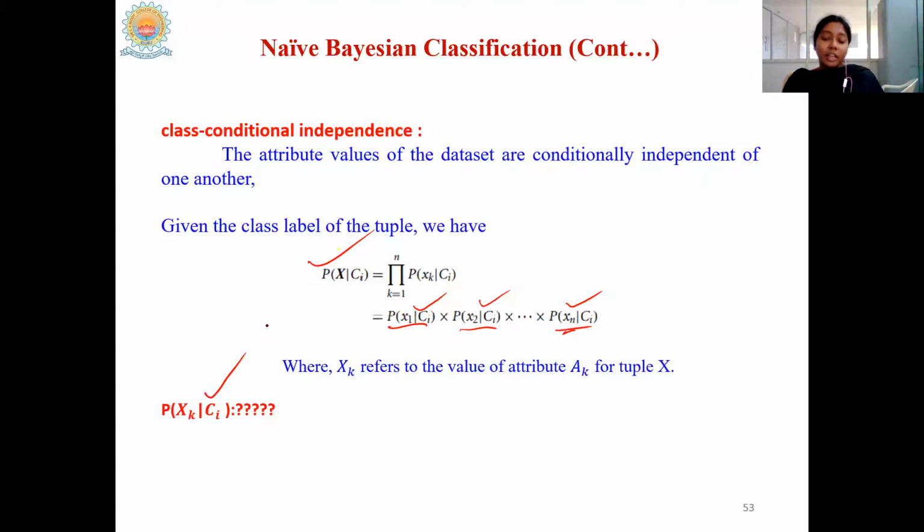Now here again there are two cases: if the attribute is categorical, or if the attribute is numerical.